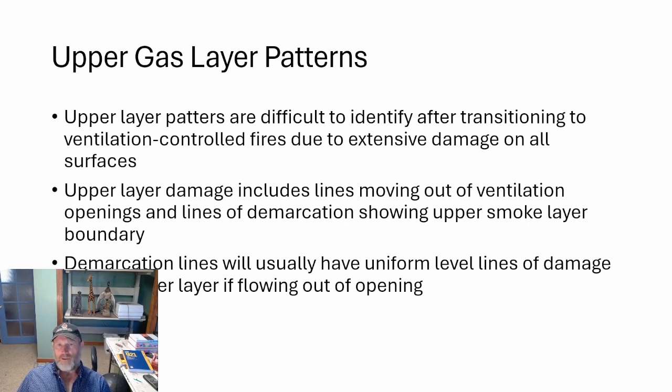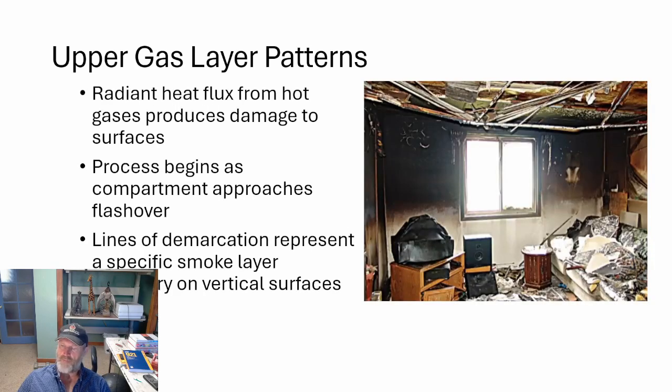Upper layer patterns are difficult to identify after transitioning to ventilation controlled fires due to extensive damage on all surfaces. So if you go back and look at this fire, if you went to a flashover or a ventilation limited fire, what would end up happening is the whole room would basically combust.